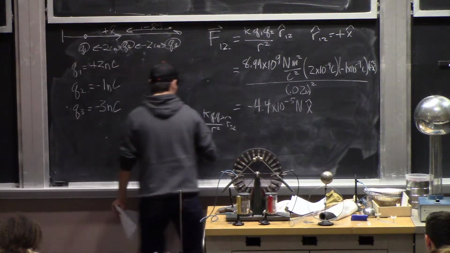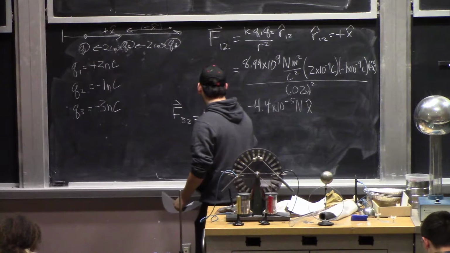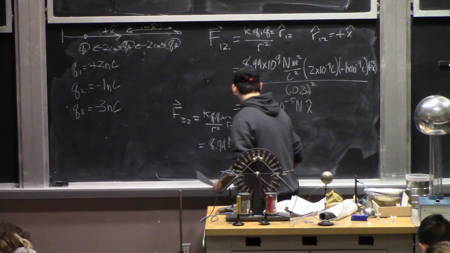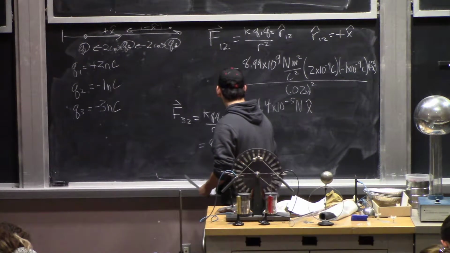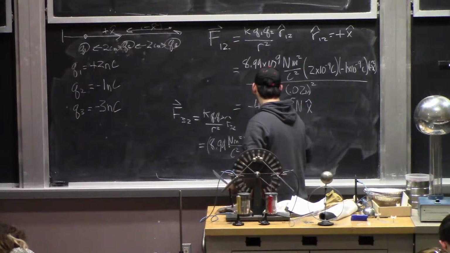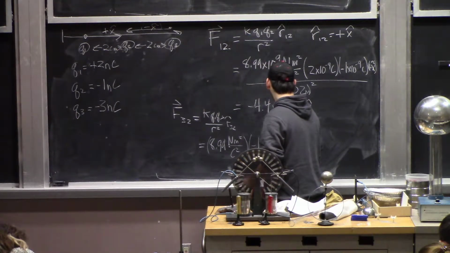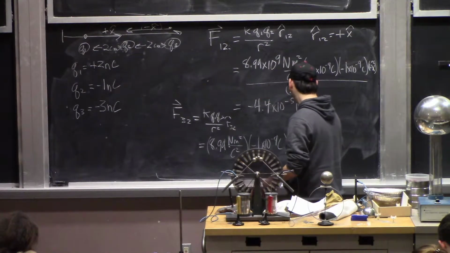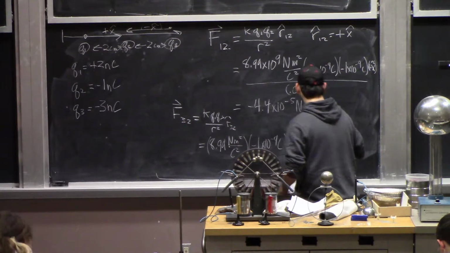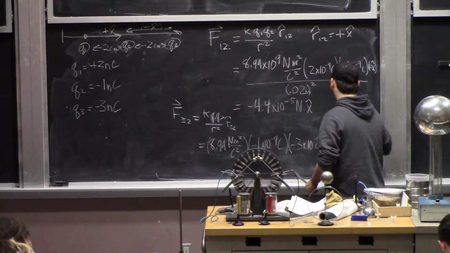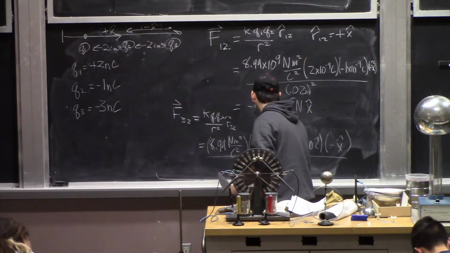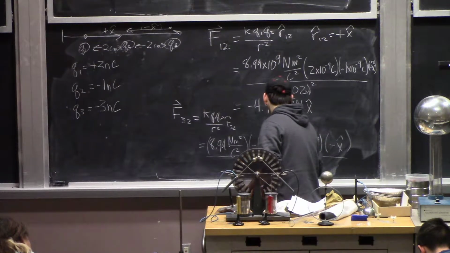And so now when we plug everything in here, this is going to be 8.99 newton meters squared per coulomb squared, times negative 1 times 10 to the negative 9 coulombs, times negative 3 times 10 to the negative 9 coulombs, times negative x hat, divided by, again, r is the same distance that it was before, 0.02 meters squared.